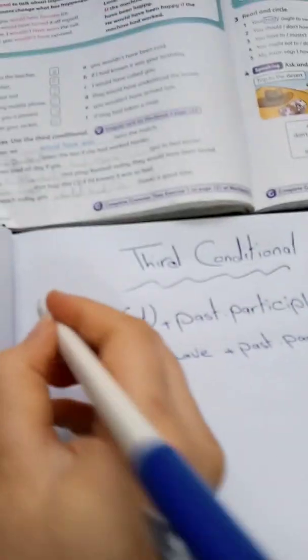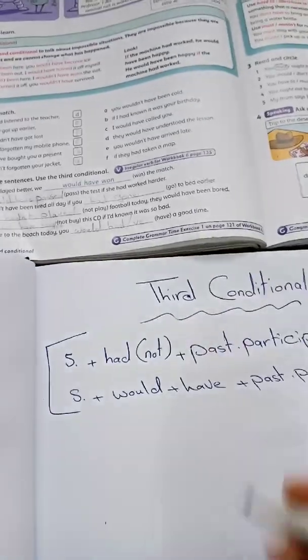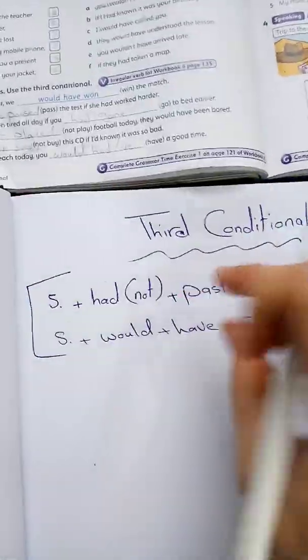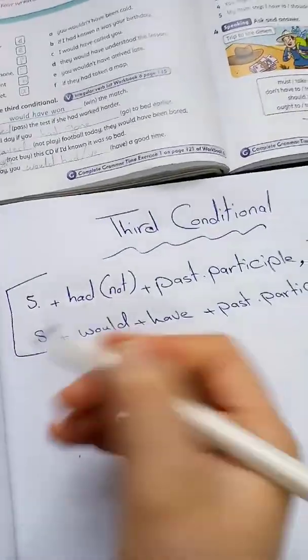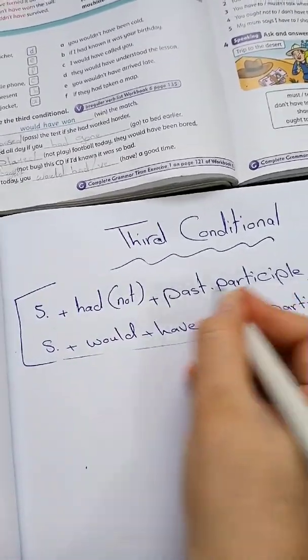Okay, this is the rule of each sentence, and we can change the places. For example, we can say in the sentence at first this one and then continuing by this one.